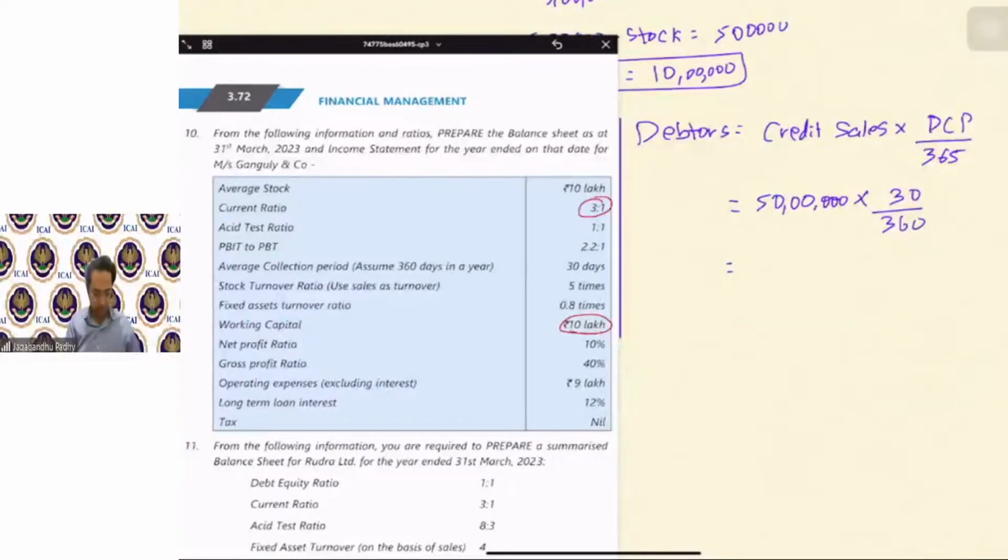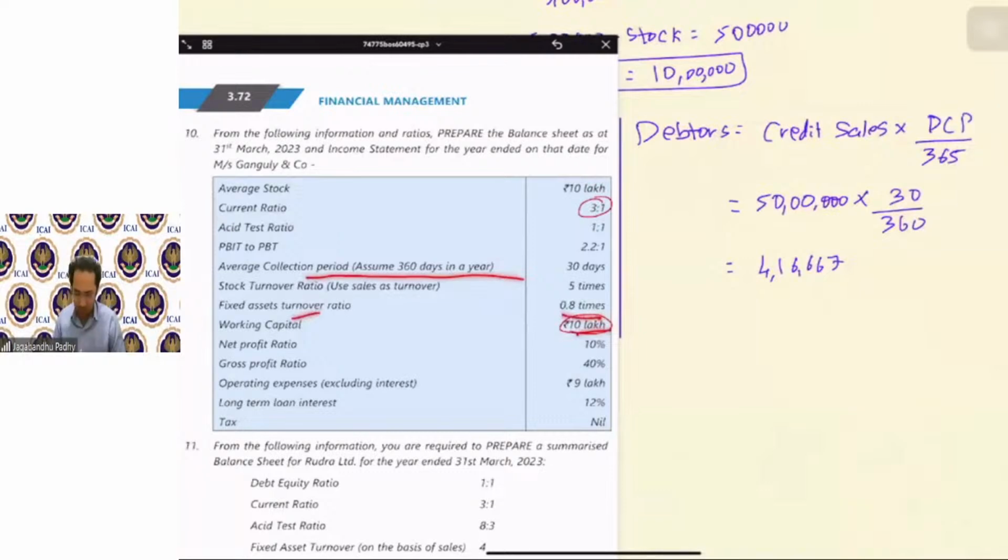This number is 50 lakhs into 30 divided by 360, 4,16,667. That's the value of debtors. So we have reduced the average collection period also, working capital is also done.